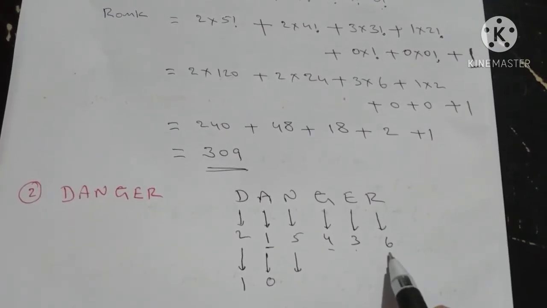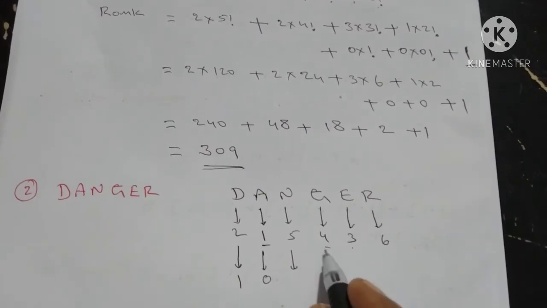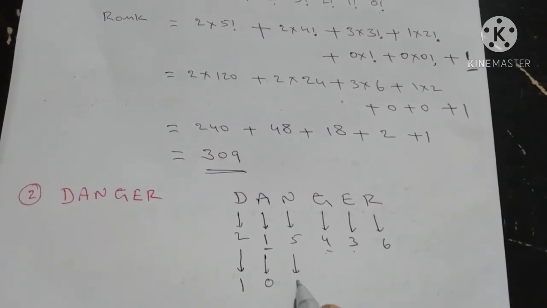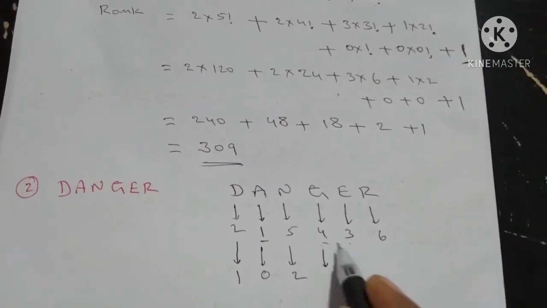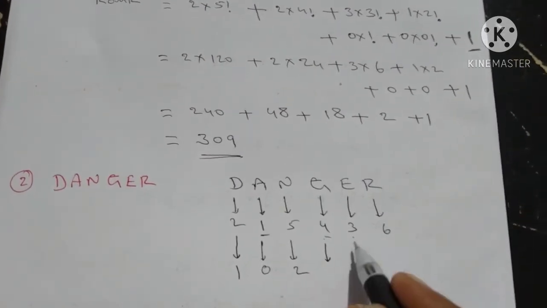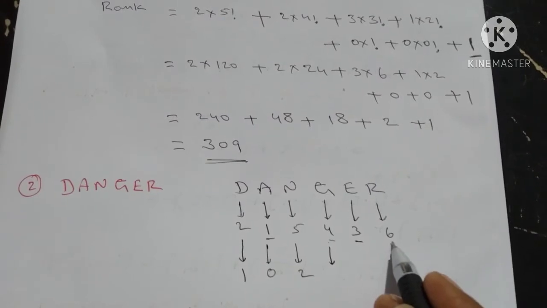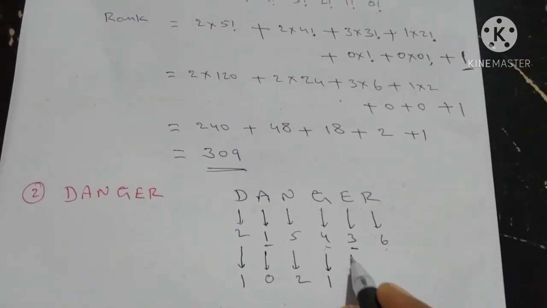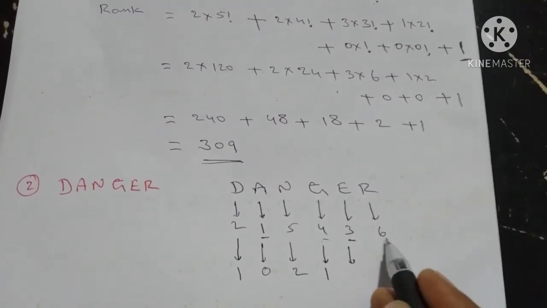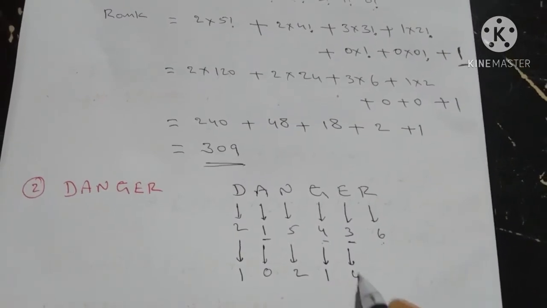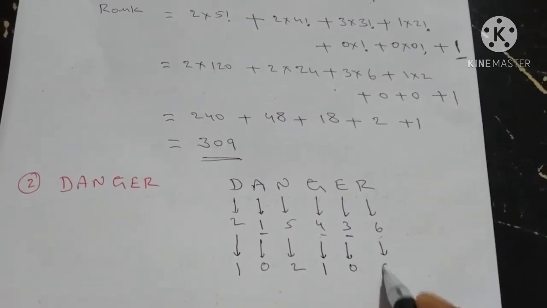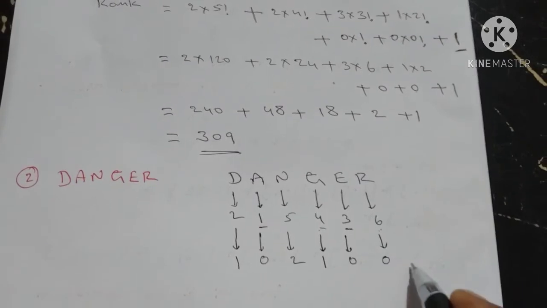Here the greatest value we don't consider. So the number of lesser values is 2. For 4, the number of lesser values on the right side: only 3. Here this is a greater value, we don't consider it. So this is 1. For 3, the number of lesser values on the right side is 0. For 6, the number of lesser values is 0.